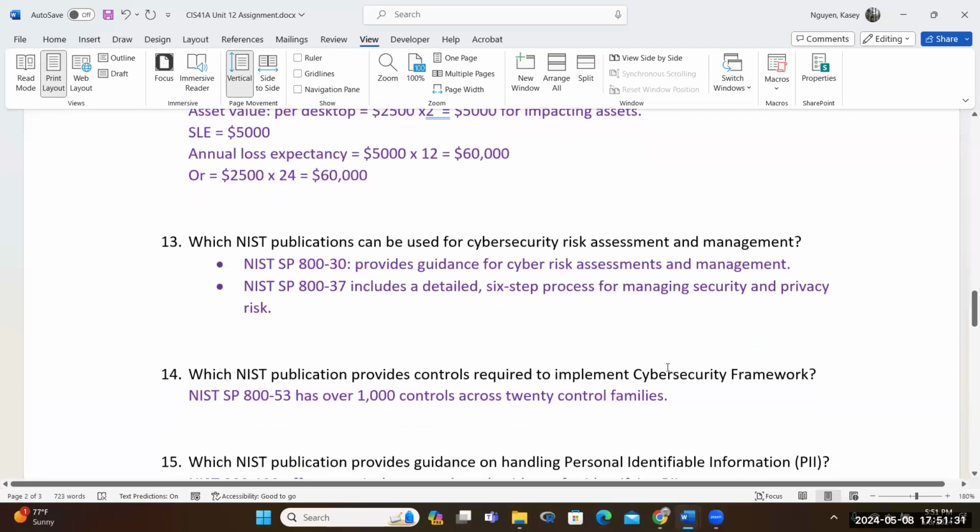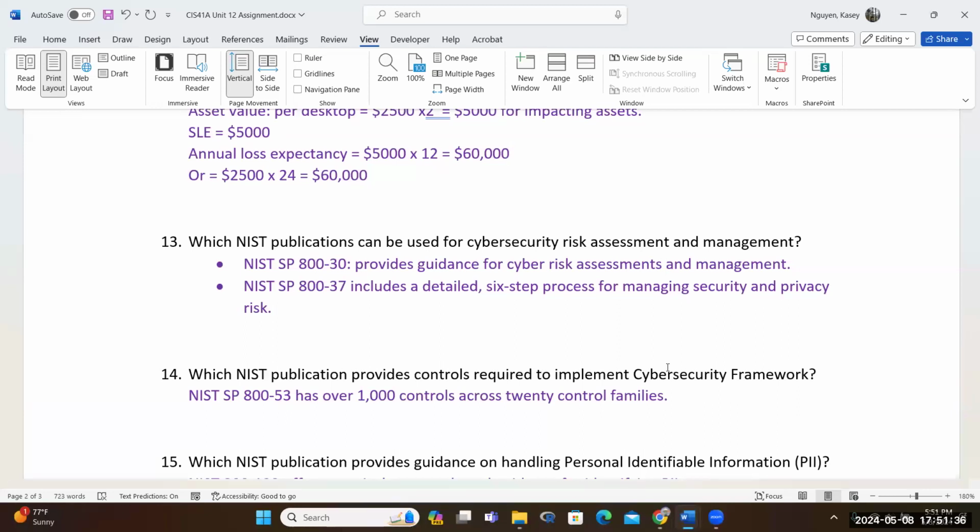Now, there is a thing called the cybersecurity framework from NIST. The cybersecurity framework allows you to build your plan and your solutions that will focus on various areas of controls. So NIST SP 800-53 gives you all these suggestions about the different types of control that you can implement if you don't know what kind of control to use for your solution.